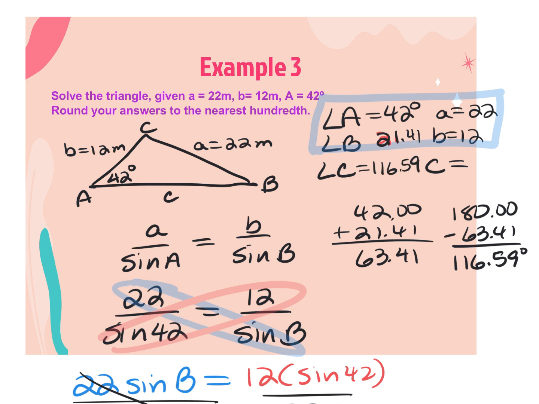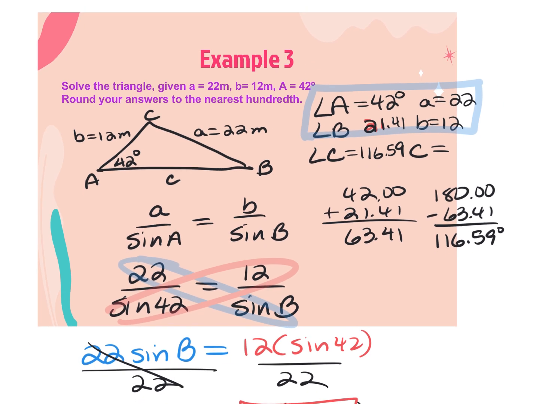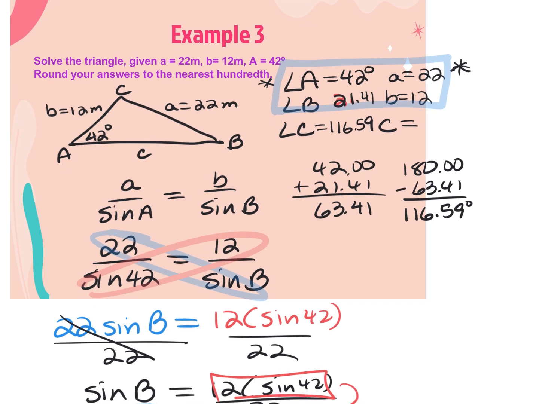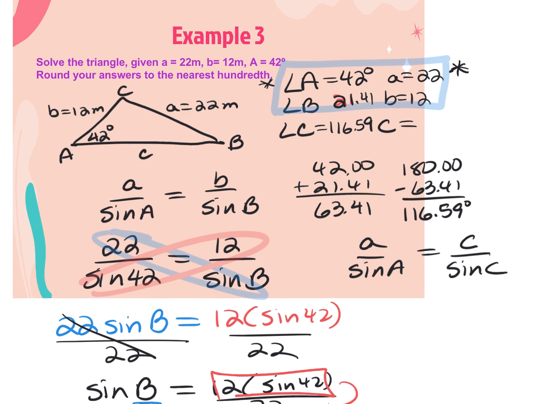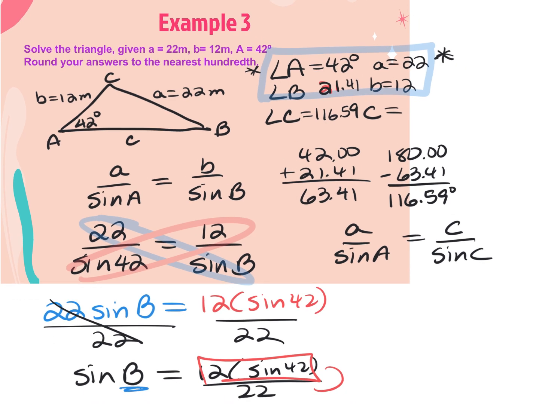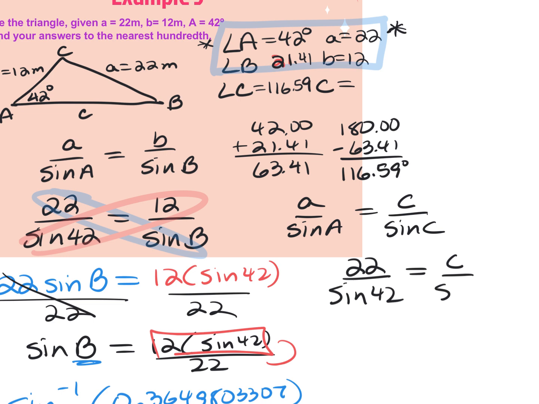And now I'm going to use that newly found angle C and do another proportion. Again, I'm going to go back to what was given to me from the beginning, so I'm using the angle A and the side length A in my proportion. I'm doing A over sine A, but now I'm looking for C, so C over sine C. Little a was 22, angle A is 42, and then C over the sine of 116.59.